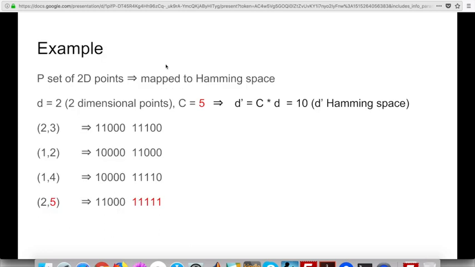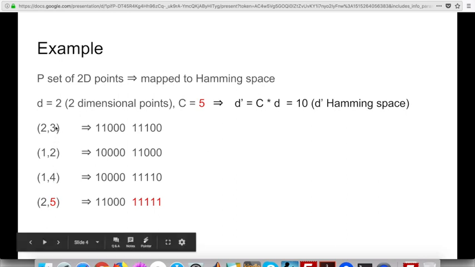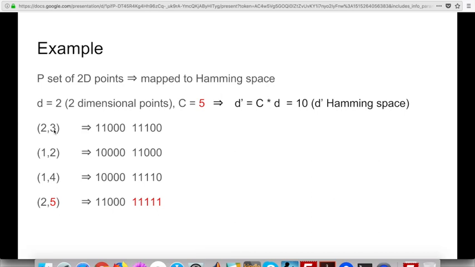To illustrate LSH, I will give a concrete example. In this example, I have 4 2D points. Every point here is represented by 2 dimensions, x and y. In order to apply LSH, we need to map these points into the Hamming space. In the actual implementation, we will not need to do this Hamming space mapping, but this is just for illustration right now.